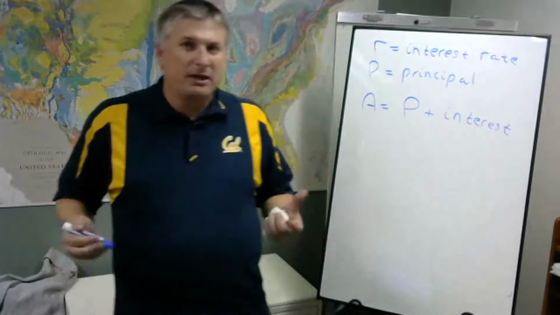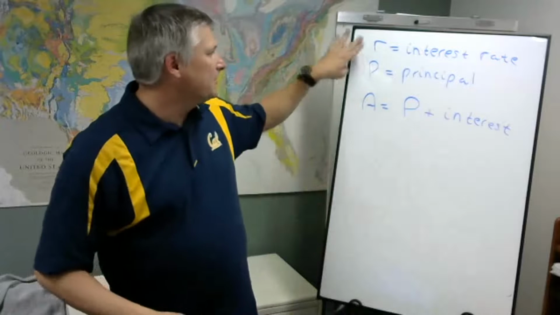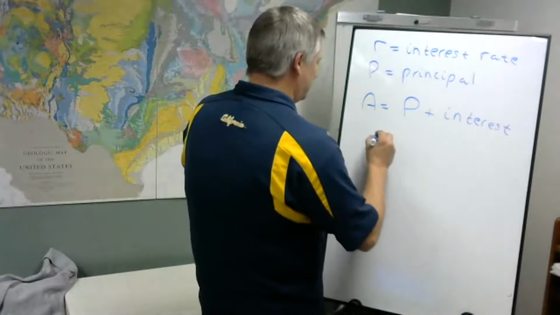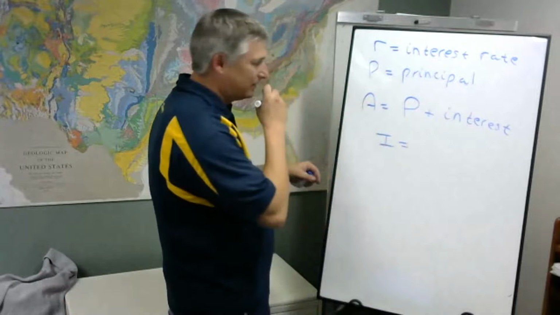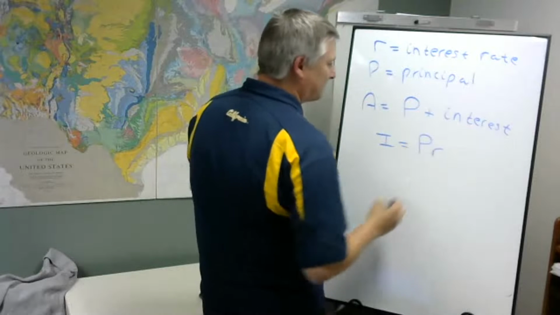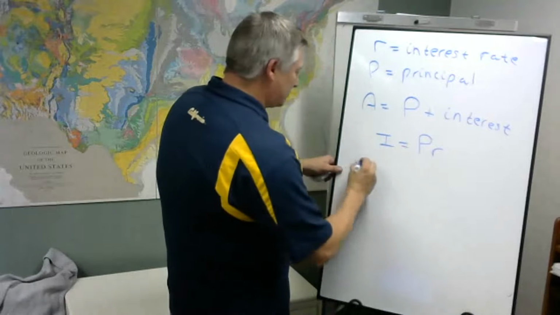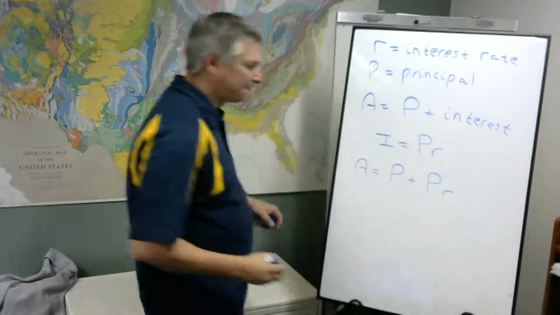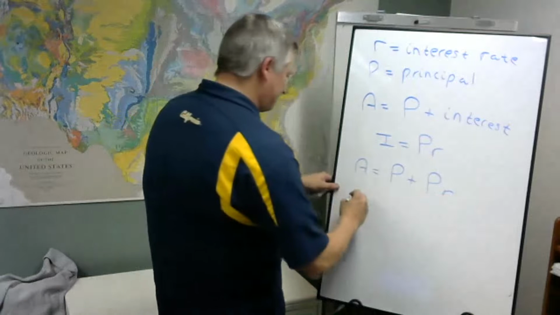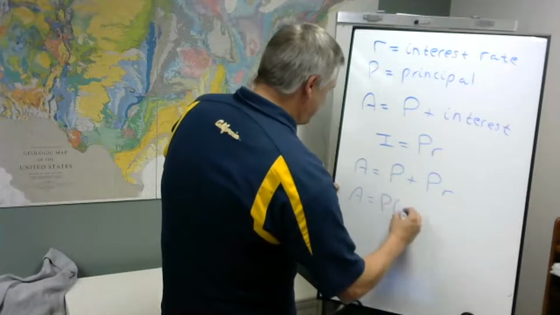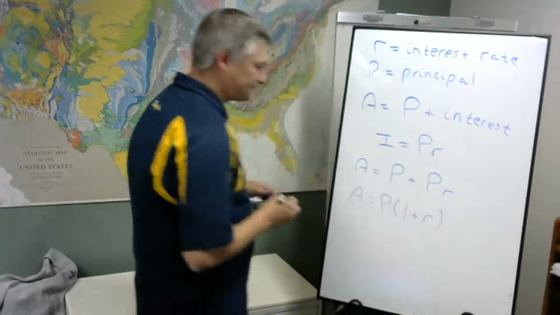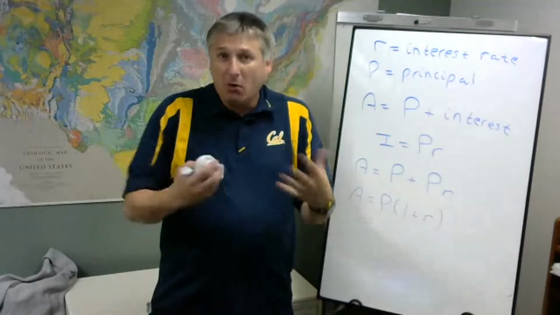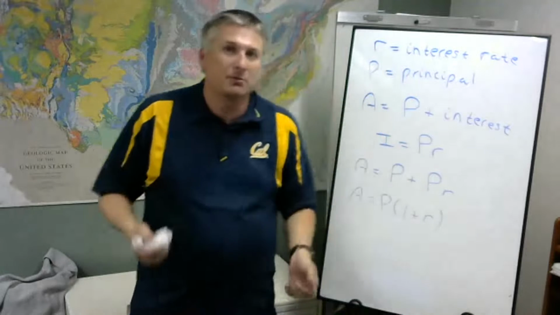So the way you compute interest is you multiply the interest rate by the principal. So we call the interest I. We'll say this is P times R. And so what we'll get is the total is P plus the interest, which is P times R. And we can factor out the P. So at the end of the year, this is what we're going to pay, what we borrowed plus the interest we owe on this, because we're renting this money, so to speak.